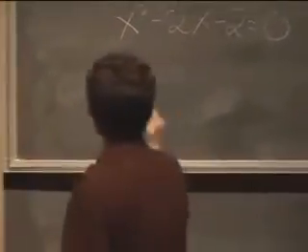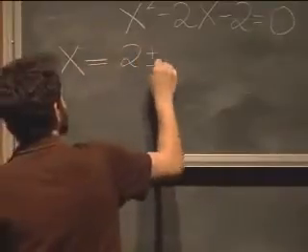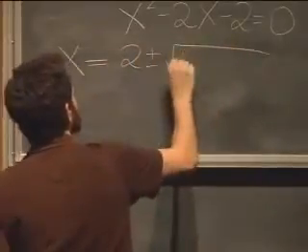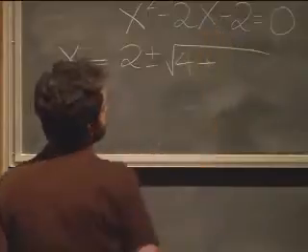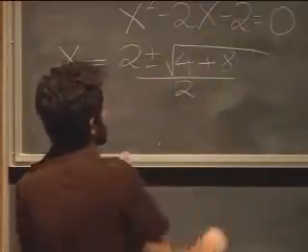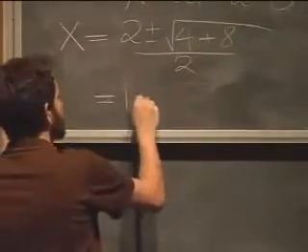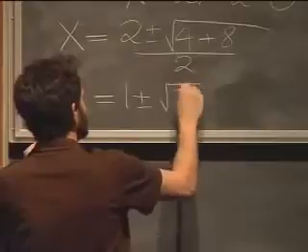And so the solution is going to be X equals minus b plus or minus the square root of b squared minus, which is plus in this case, 4ac. So root 12, which is 2 root 3. So X is 1 plus or minus root 3.